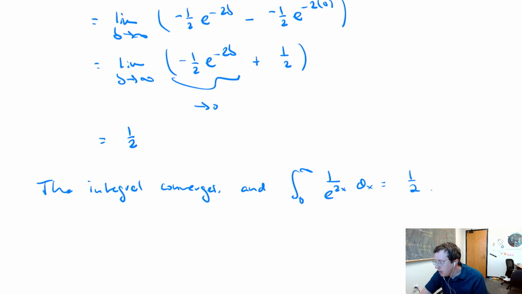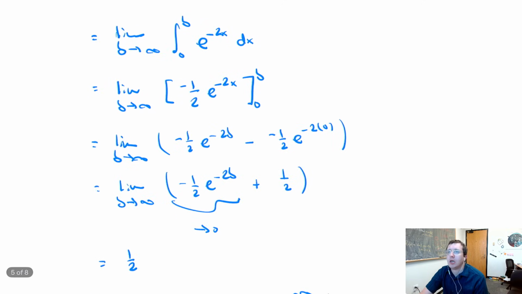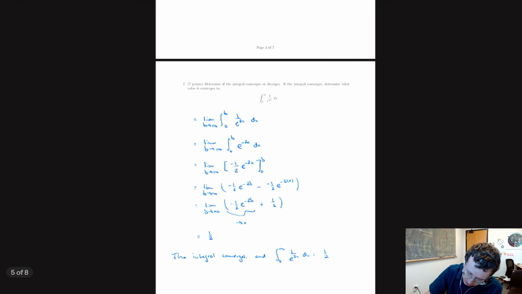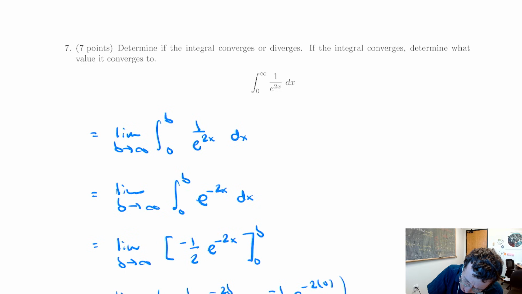And then is it possible to use the comparison theorem on question 7? What would you want to compare it to? So I guess one thing we could say is that 1 over e to the 2x is less than e to the minus x. Not for all values of x, but I think anytime x is positive.